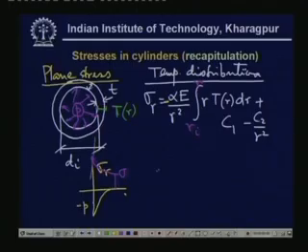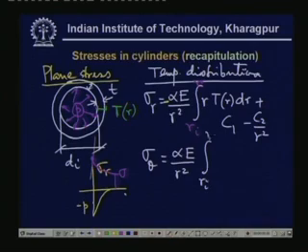Sigma theta on the other hand looks like alpha E by r square times the integral from Ri to R of r T dr, again a new term, this is minus alpha E times T, T is the temperature.